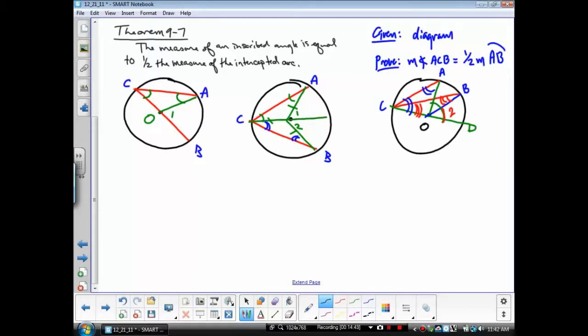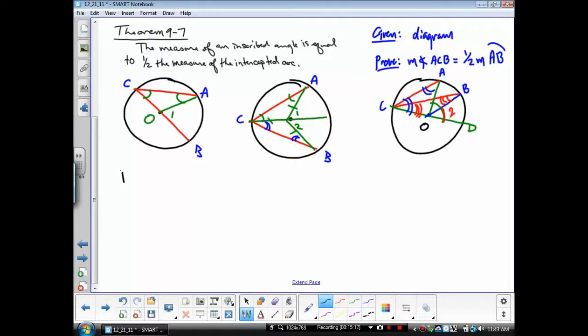So by Theorem 312, the measure of an exterior angle in a triangle, angle 1 is an exterior angle, is equal to the sum of the two remote interior angles.